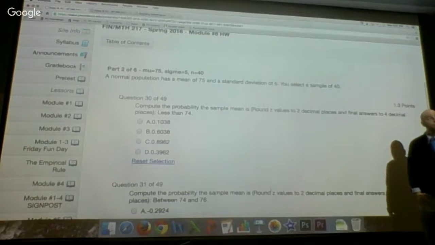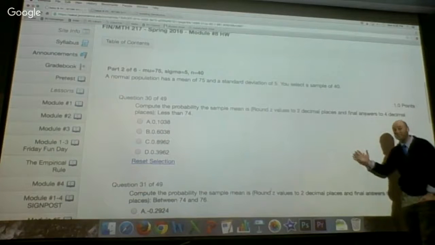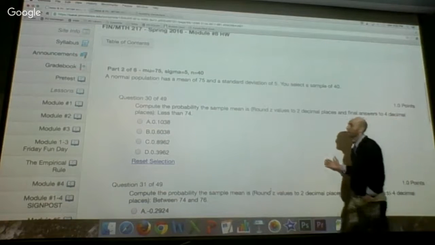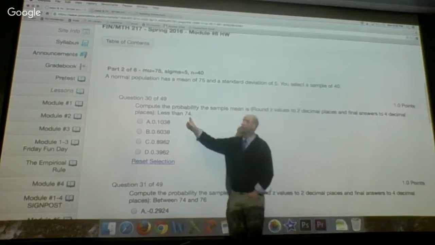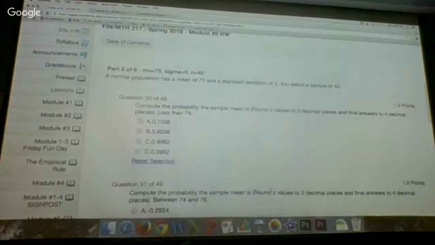But for all of these questions, we're effectively doing the same thing. Starting with mu, sigma, and n, which is the population mean, standard deviation, and sample size, to give me a standard error. Then I'm going to compute z-scores for this raw score, for the next raw score, and the next raw score, as sampling error over standard error.